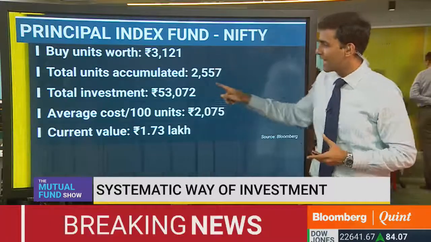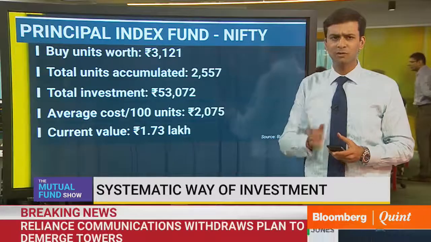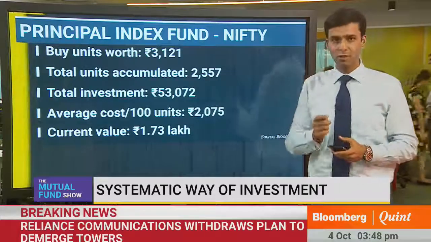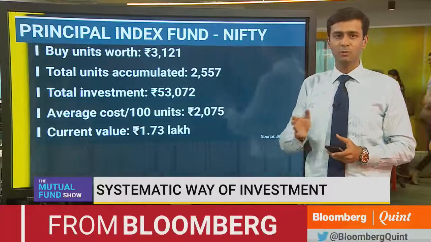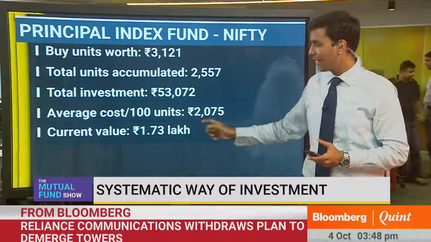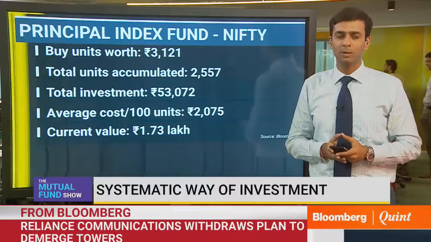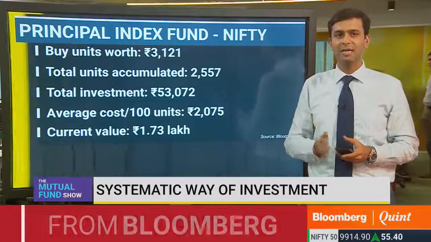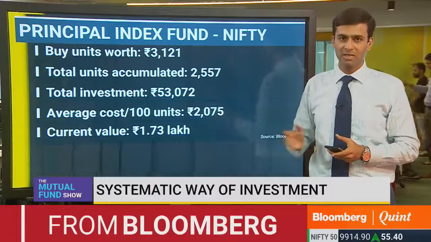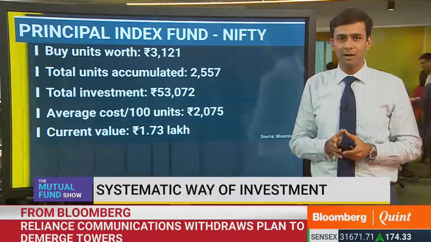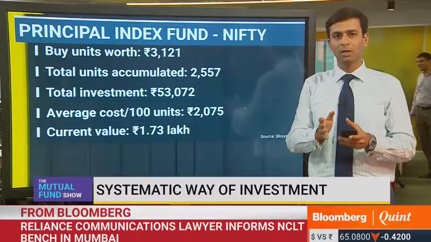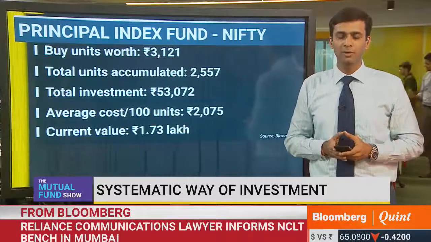The total investment remains the same, just over 50,000 rupees, but your average cost has now come down to only 2,075 rupees. That's the huge difference, and the current value has shot up to as much as 1.73 lakhs. That's a 50% increase from the number in the earlier slide. Remember that this is a yearly SIP that we have done. So you can imagine what a monthly SIP can do for you.